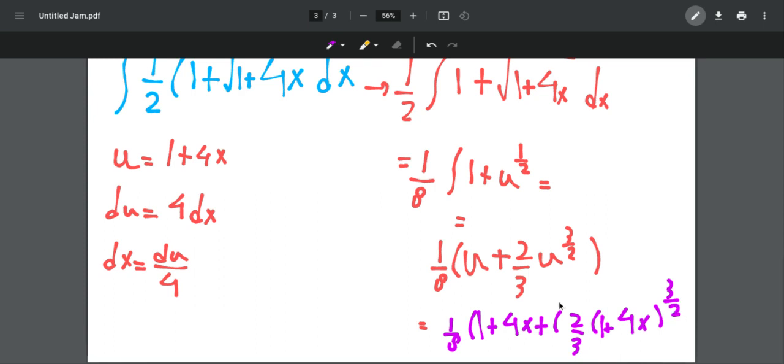And this is the final answer. You can feel free to simplify it, but this is the final answer.